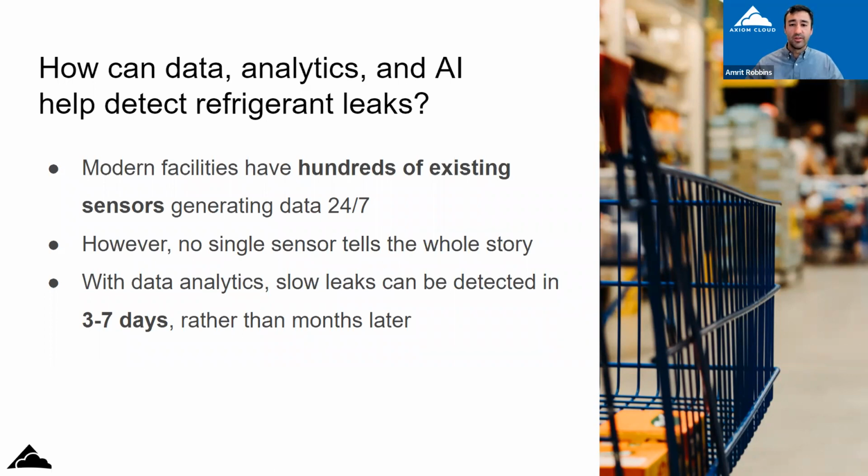If you're setting a specific threshold, you have to decide: do I want a bunch of nuisance alarms and be tightly managed, or do I want to reduce the number of nuisance alarms my store managers are seeing and only alarm when it's really critical? A lot of folks in the space tend towards the latter, fewer nuisance alarms. That's why no single sensor telling the whole story is key, and a single threshold alarm is not a good strategy to help avoid leaks unless they're the big catastrophic ones.